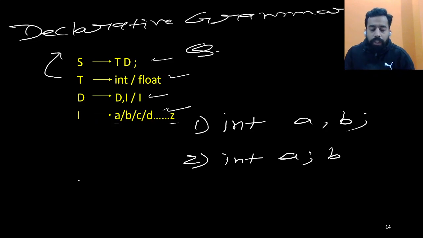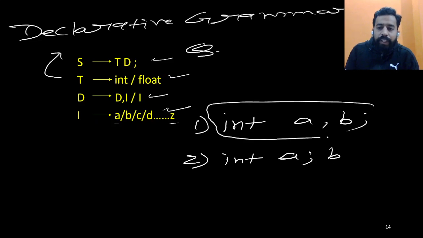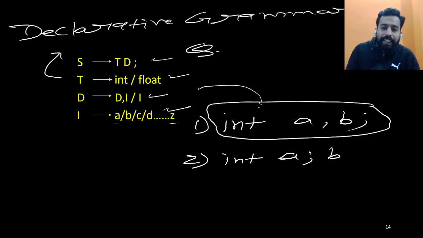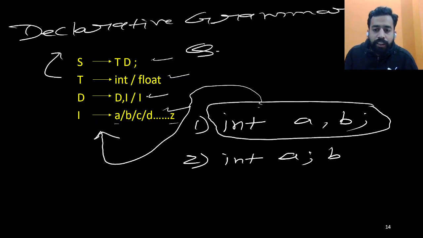Now I want you to understand this declarative statement. When you write this statement in your C program, your compiler takes this sentence or this string and tries to recognize this sentence.